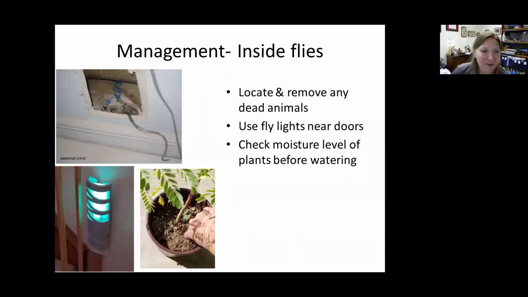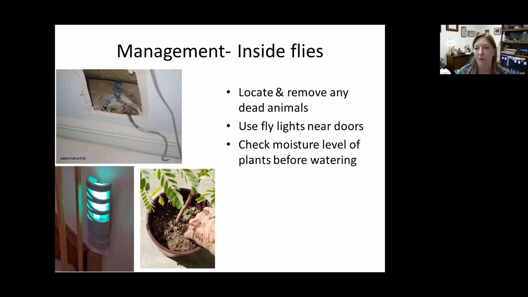All right, so the top left photo is a rat that has died in the house. And this is going to be an example of when people have lots and lots of either flesh flies or blowflies emerging in their house. And I have had this call multiple times where people say, I have all these flies, they seem to be coming out of the wall, there are maggots falling out of the electrical socket, what do I do?